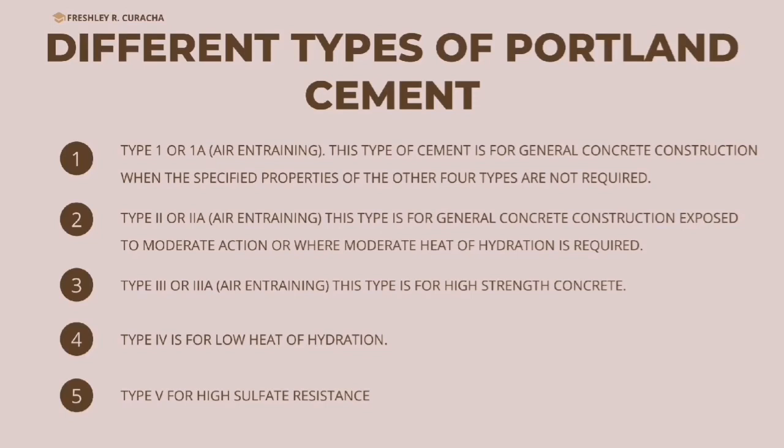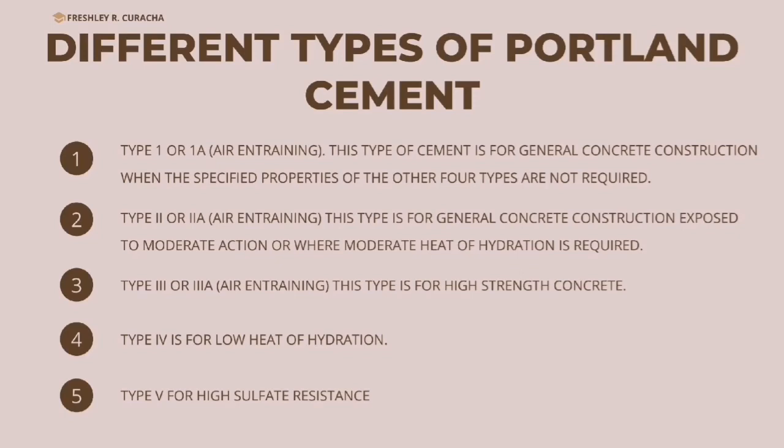It is ideal for applications where the concrete comes into contact with soils or groundwater having some amount of sulfate ions, though not excessively high. Its low concentration of C3A, which is lesser than 8%, imparts this resistance to sulfate attack.